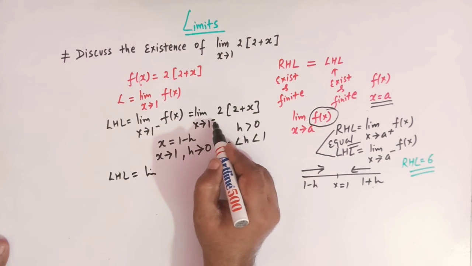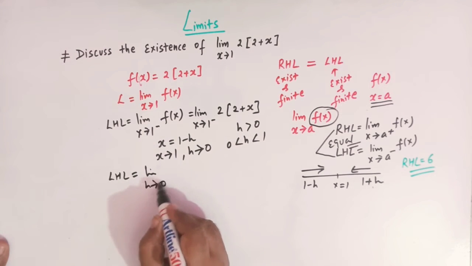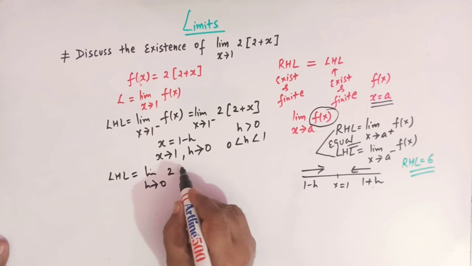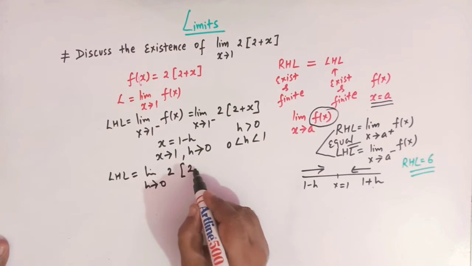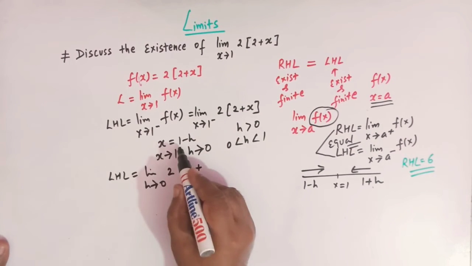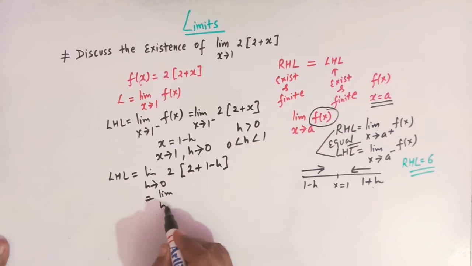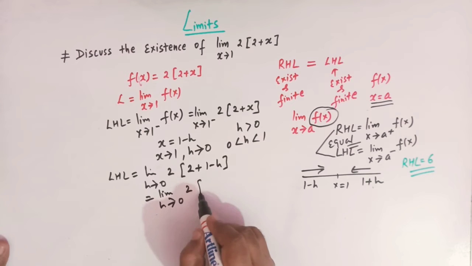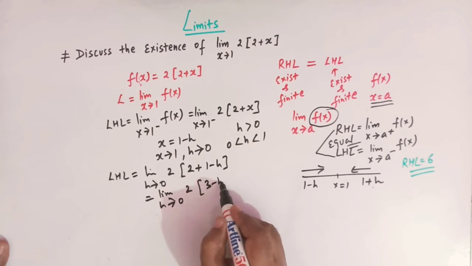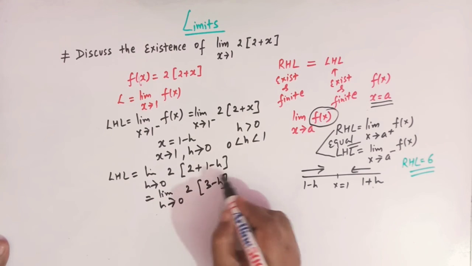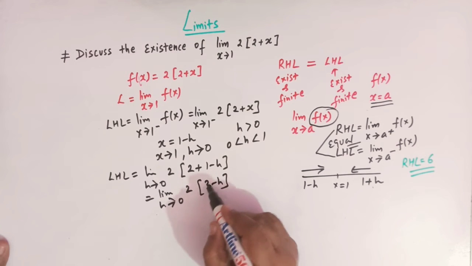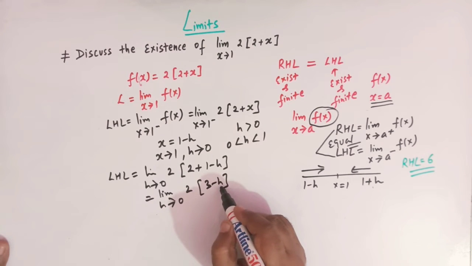For x tends to 1 minus, we can write h tends to 0, and here we have 2 times greatest integer of 2 plus 1 minus h, so we have limit h tends to 0 of 2 times, this is 3 minus h, right? So again we have a term that is greatest integer of 3 minus h.